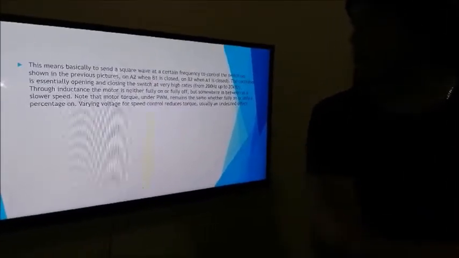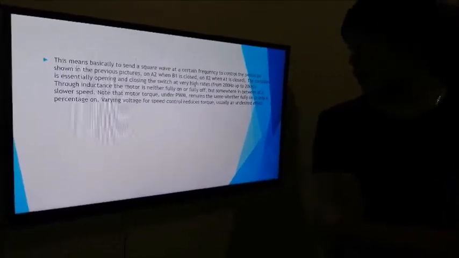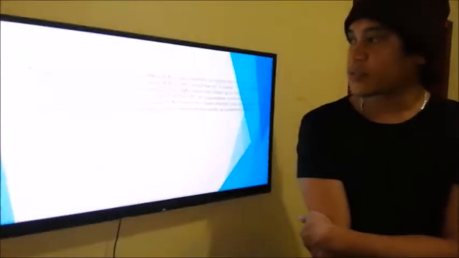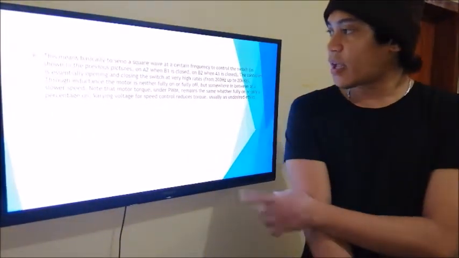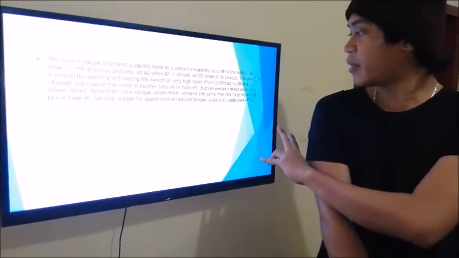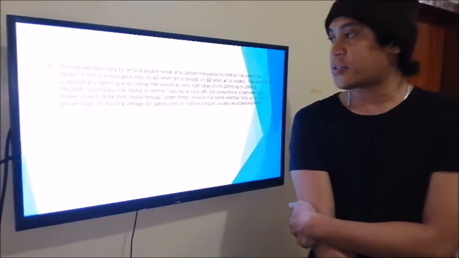So the motor is neither fully on nor fully off, but somewhere in between, at a slower speed. Note that motor torque under PWM remains the same whether fully on or only a percentage on.